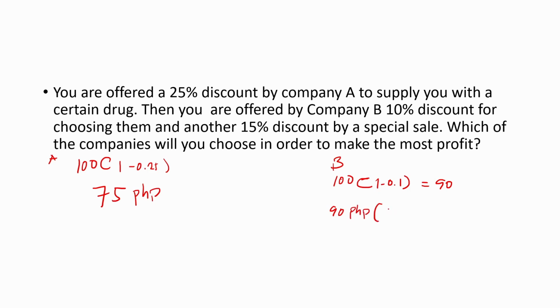We're going to discount it with 15%. So it's 76.5 pesos. So obviously you saved more using the straight discount. So you have to go with company A because you save a little bit more than going with company B. So the 1.5 peso difference per 100 pesos.